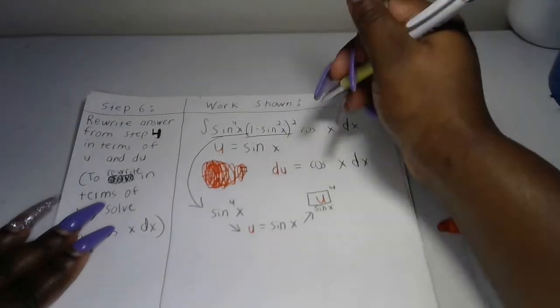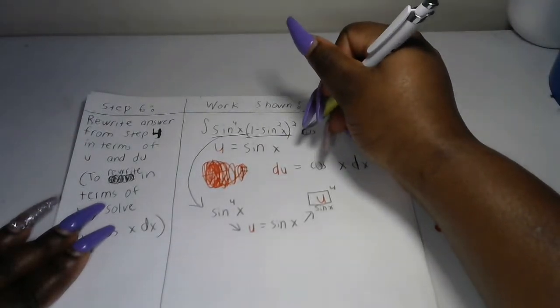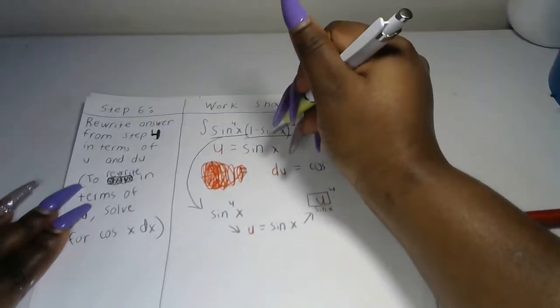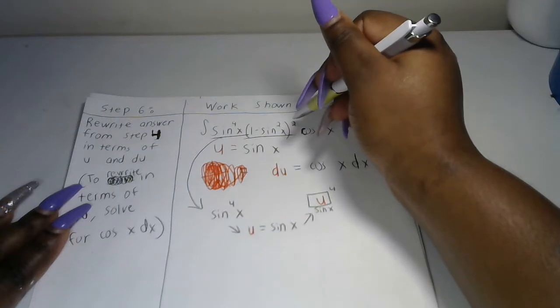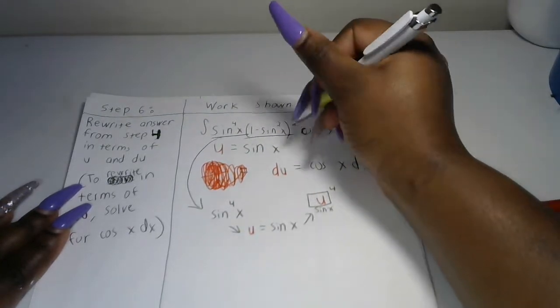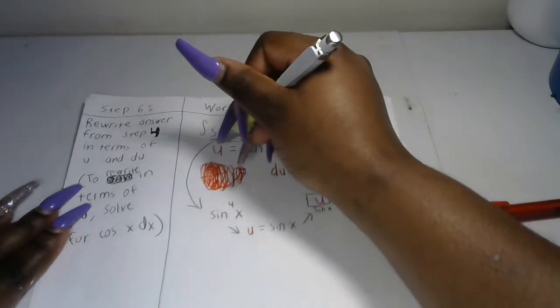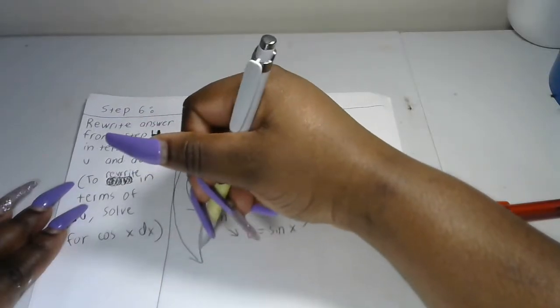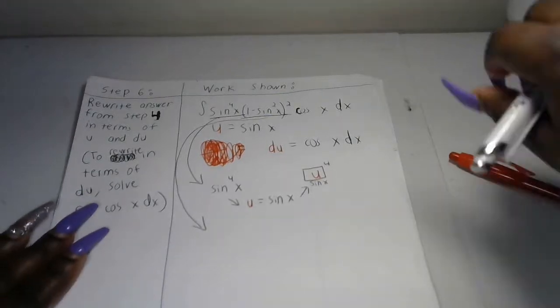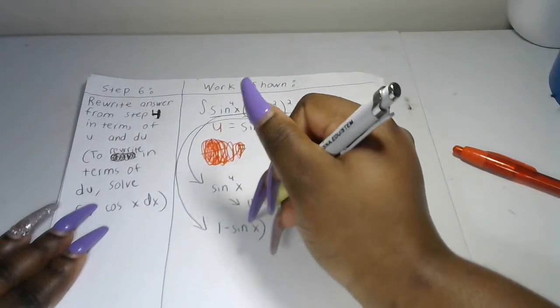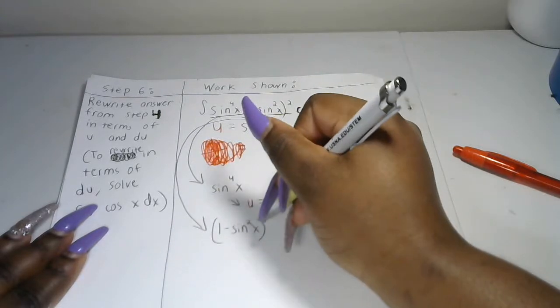So the 1 minus sine x squared, and all of that squared. This second term right here, we're going to rewrite in terms of u. So we have 1 minus sine x squared, and all of that squared.